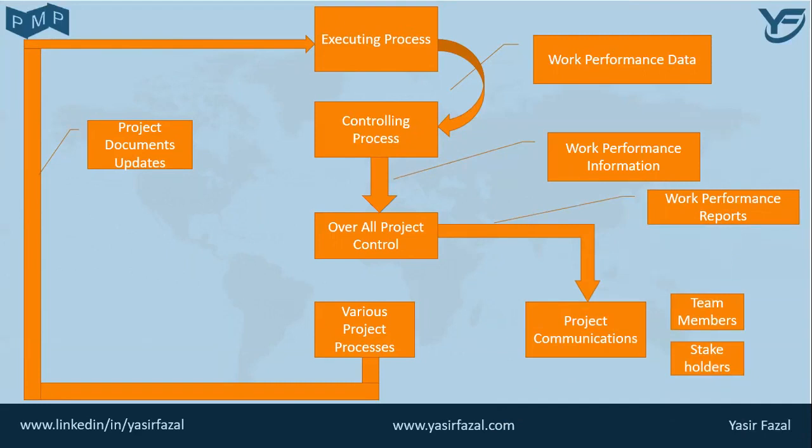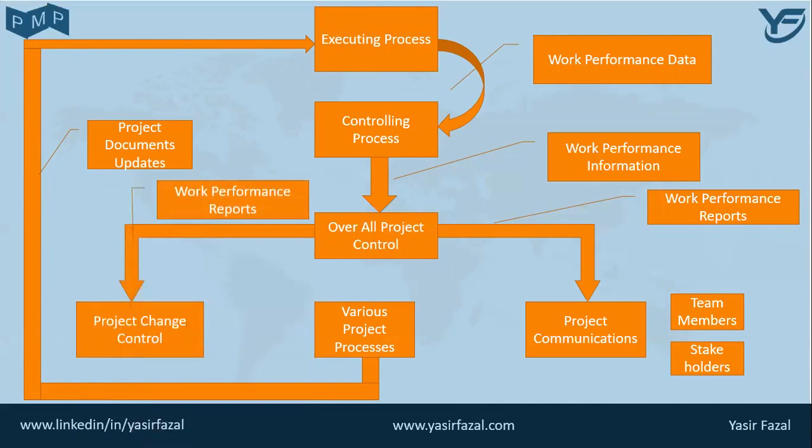Now, this information is also provided to the project change control. Here, I mean the work performance report. Now, why do we need that? During the execution of the project, there might be cost changes, scope changes, or schedule changes that are required, or some risks that are identified.